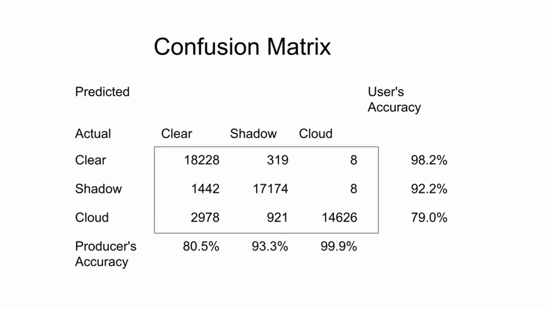This allows us to create what's called the user's accuracy, which is based on the actual number of pixels in each class that were correctly classified, and the producer's accuracy takes that percentage based on the columns, or the number of clear pixels in the clear column, shadow, and cloud. That's based on the prediction of those classes.